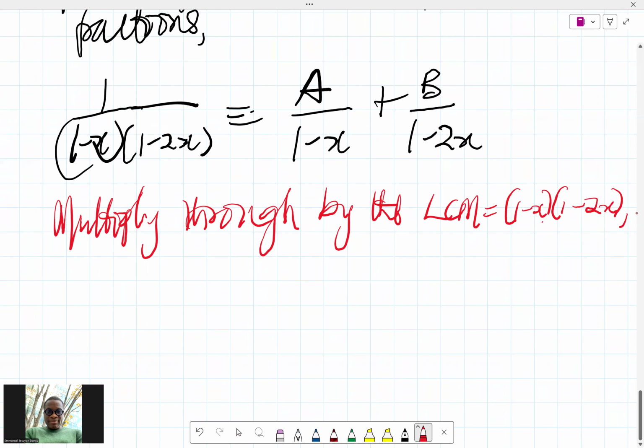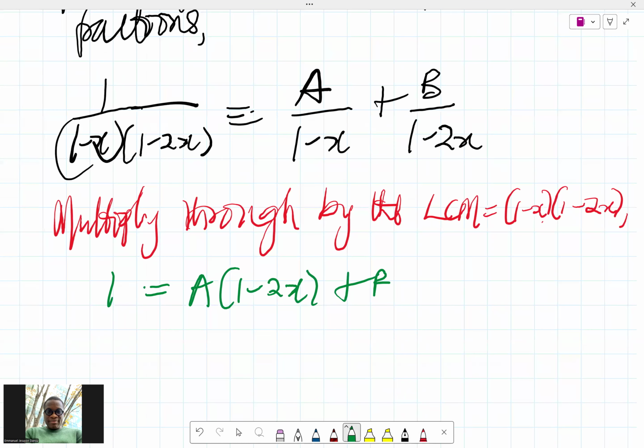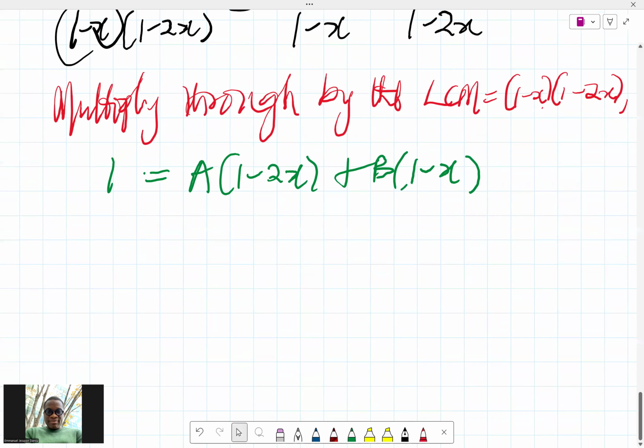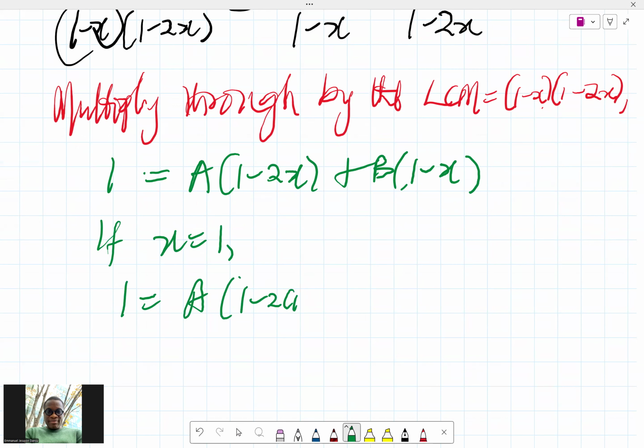So if we do that, on the left-hand side we have 1, and that is equal to, on the right-hand side, A into 1 minus 2x plus B into 1 minus x. Using the cover-up method, if x is equal to 1, we can easily eliminate this. So we have 1 equals A into 1 minus 2 times 1 plus B into 1 minus 1.